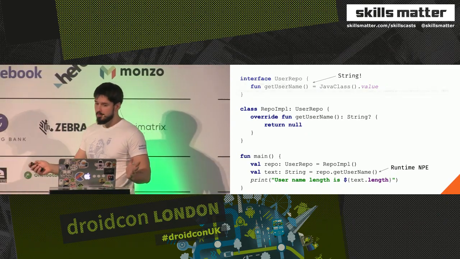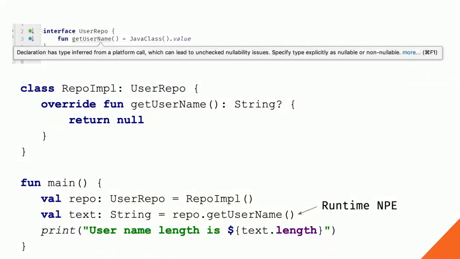To be fair, we have a warning for that, but to be also fair, people often do not care. And I believe we should eliminate platform types as soon as possible, because they are badly interoperating with our systems, they are dangerous, and they should not be in our programs.